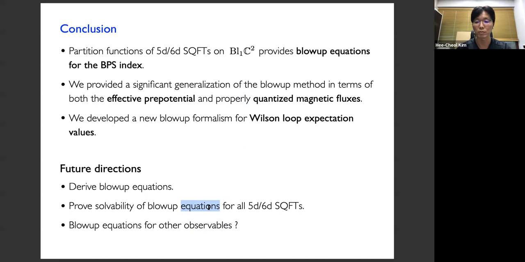So the global structure, or the one-form symmetry action on 1D defects like Wilson loops, I think this Blow partition function will not depend on the global structure. However, Wilson loop expectation values depend on the global structure. If you change the global structure from SU2 to SO3, then you have to sum over the background magnetic flux for the one-form symmetry acting on the Wilson loops. Then it will kill the fundamental Wilson loop expectation value. So it will affect the Blow equation for the Wilson loops, I think.